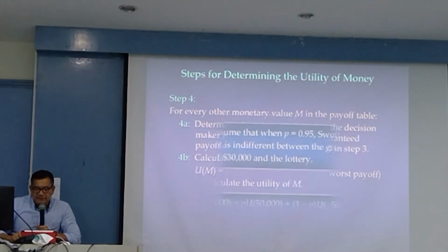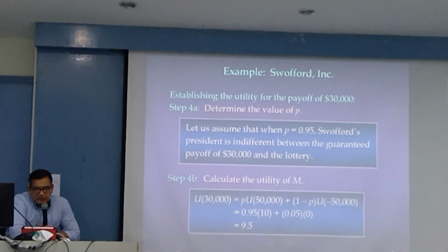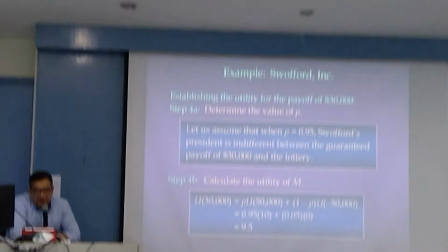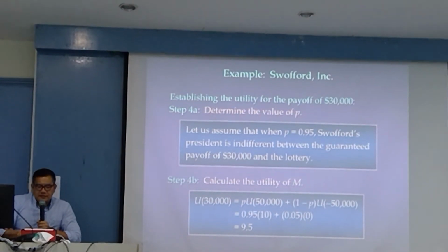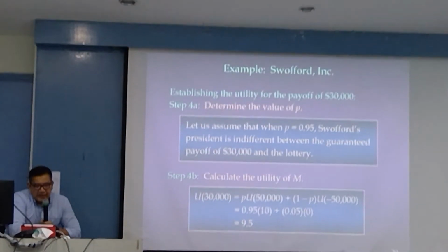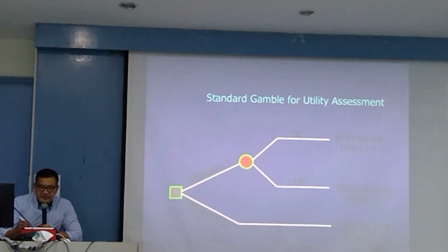For example, if I want to find the utility value of 30,000, and you feel that when the probability of getting the highest payoff is 95%, you feel indifferent between 30,000 and playing the game, right? Let's say, for example, something like this.